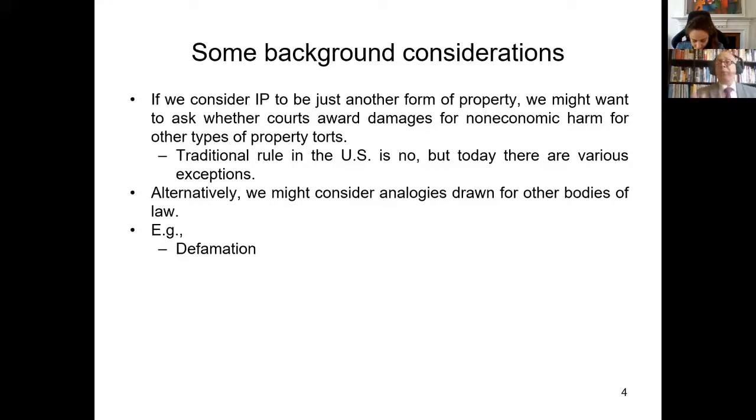But for our purposes, one of the takeaways that might be relevant from this body of law is that in many, though not all, settings, courts will allow the trier of fact, which in the US will often be a jury, to award so-called presumed damages. That is to say, general damages that are not tethered to any demonstrable or quantifiable harm to reputation.